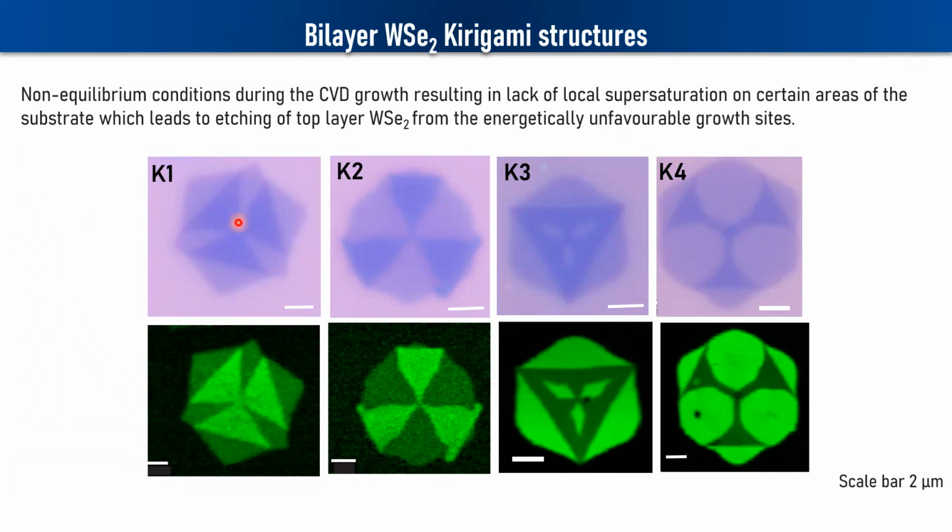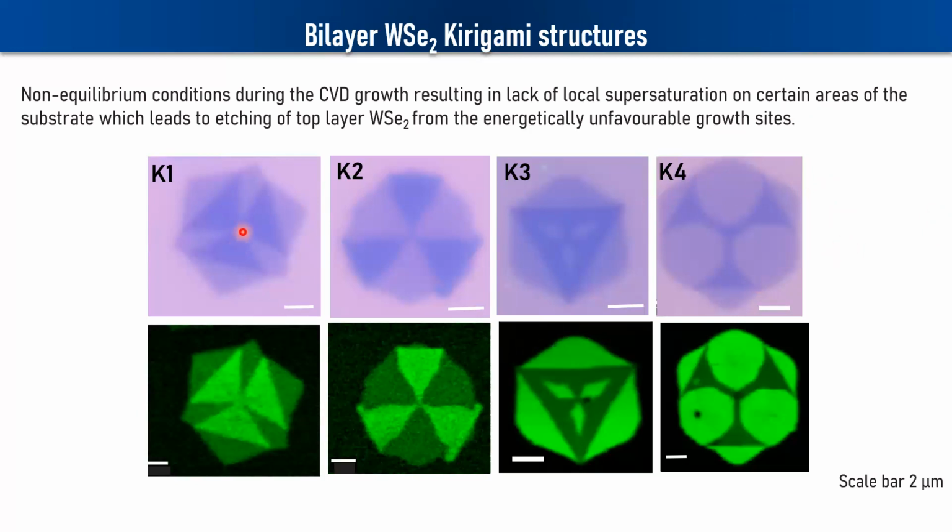If there is a lack of local supersaturation on certain areas of the substrate, then instead of the sample adding to the already grown layer, it starts happening the reverse way. The molecules start to move away from the sample, and there is an etching of the top layer of the WSe2. This happens along certain crystal directions symmetrically, and that is why you see these patterns, which are called kirigami patterns.